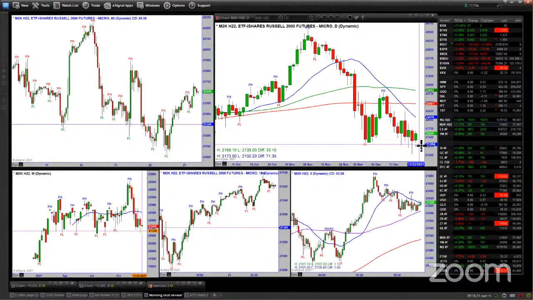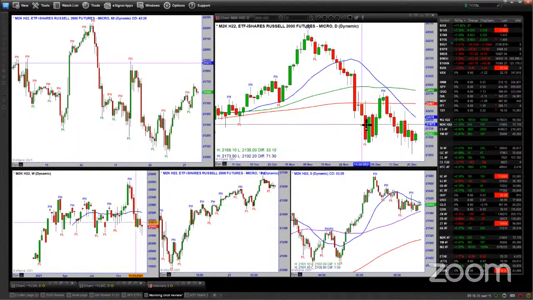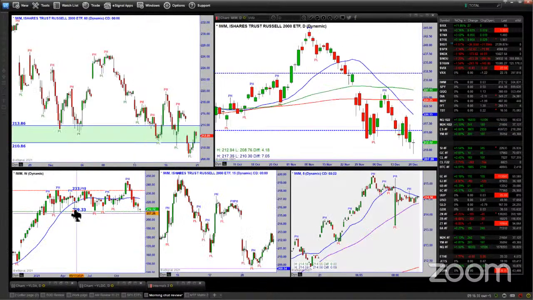So as we look at interest rates and different parts of the market, a breakdown in these small caps would not be good. They've already broken down, right? But a further breakdown under this consolidation would be a bad sign.